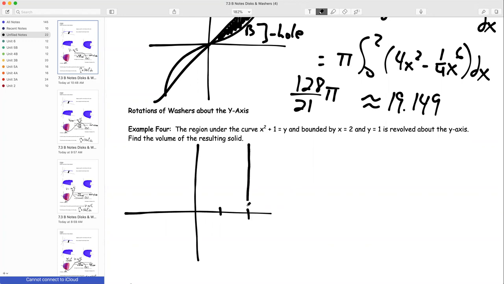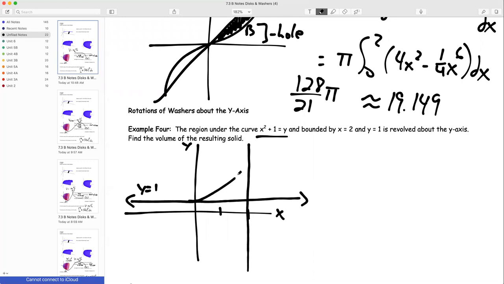So I've got x is equal to 2, which is the vertical line right there. Y is equal to 1 is going to be the horizontal line right there. And then this is a parabola that has been shifted up 1.